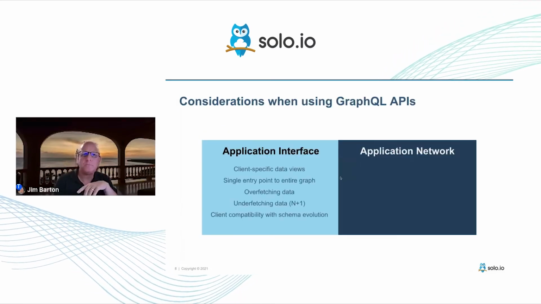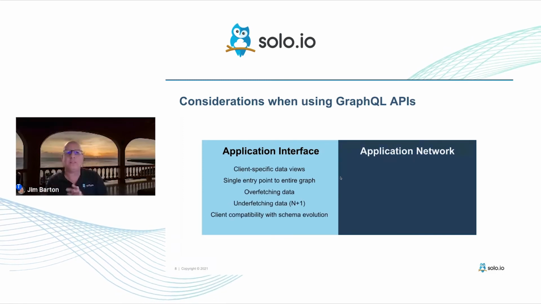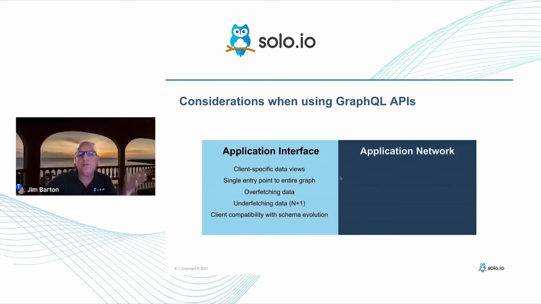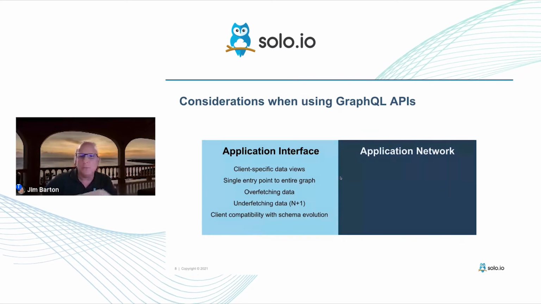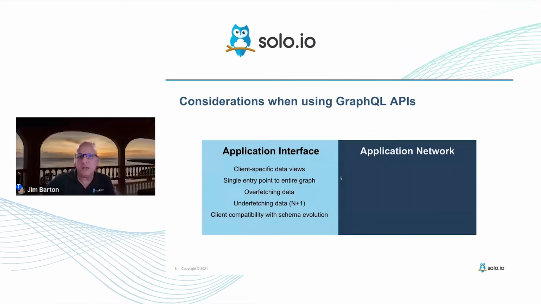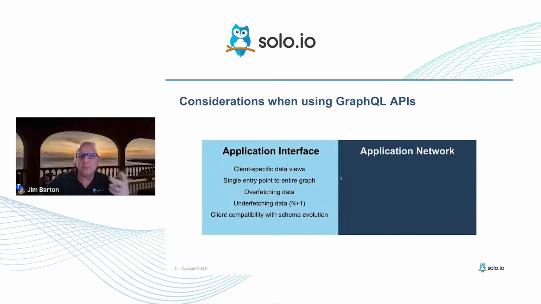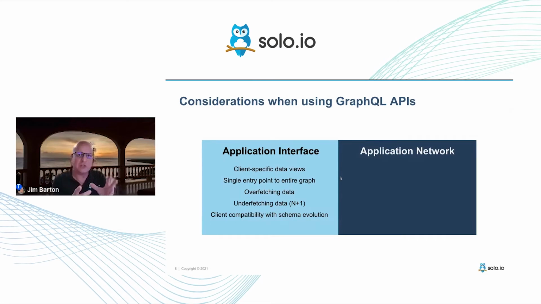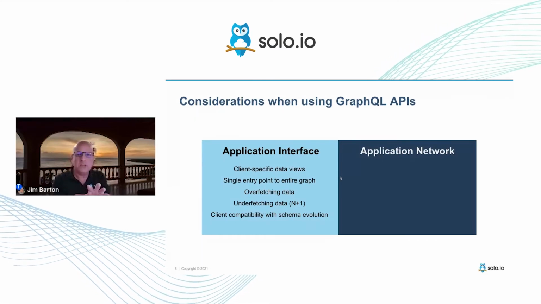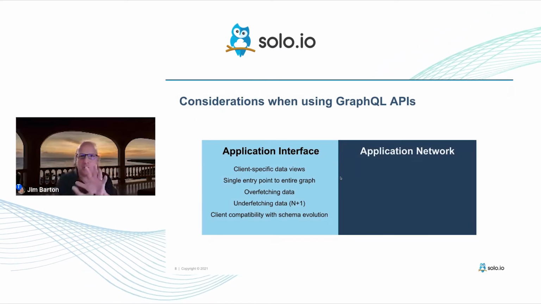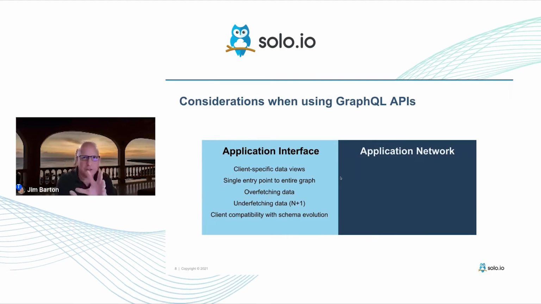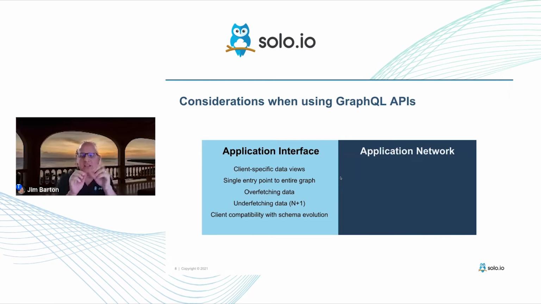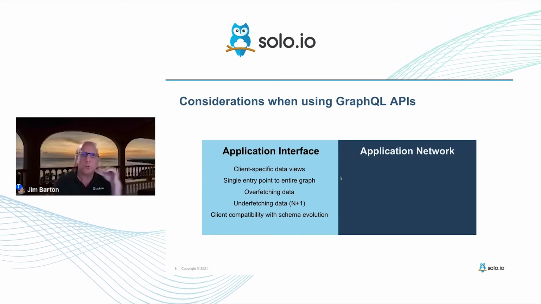Okay, so to state that a slightly different way, you get a number of benefits out of the box with GraphQL, no matter how you actually serve up the APIs. One is client-specific data views, like you can fashion a query that retrieves just the information that you want from a single entry point to generate an entire graph of information that satisfies just what you need for your query.